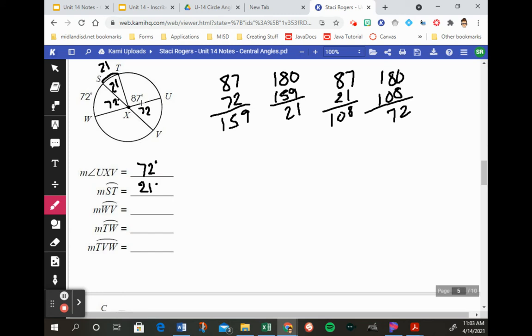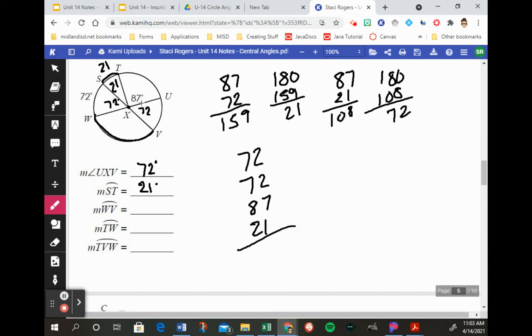72 degrees. Now I need WV. I need this angle right here. Well, I know I've got 72, 21, 87, and 72. So can I subtract all of that from 360? Sure. So 72, 72, 87, 21.